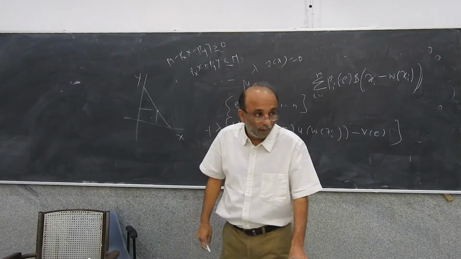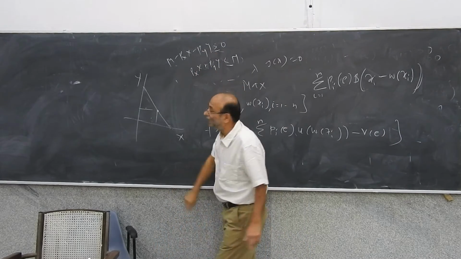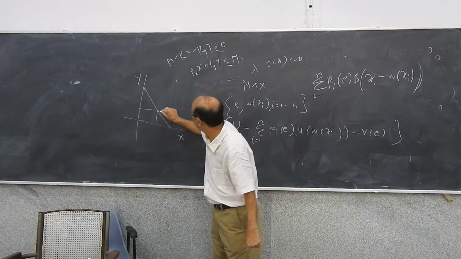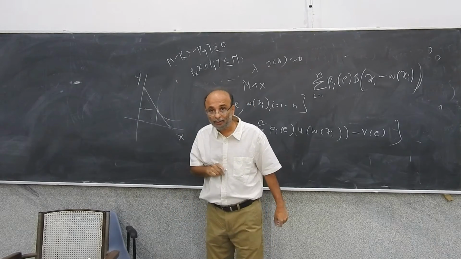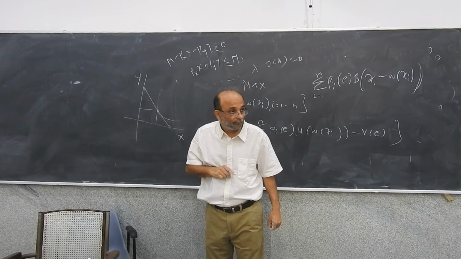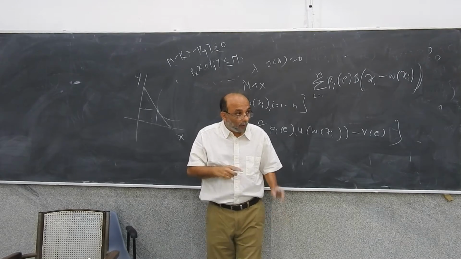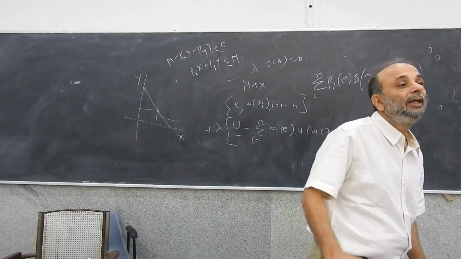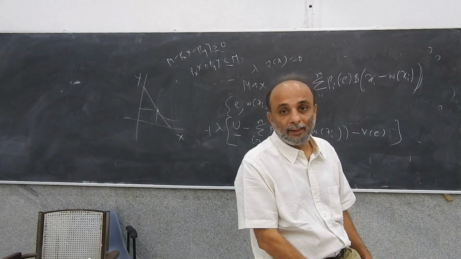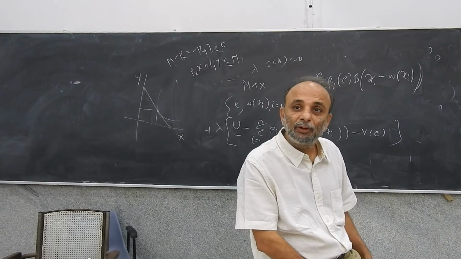Now, if this condition is satisfied in equilibrium, that is my equilibrium is here, I want my indifference curve here, right? But what does it mean? It means that if you now give me 1 more rupee, I'll be able to put myself on a higher indifference curve.